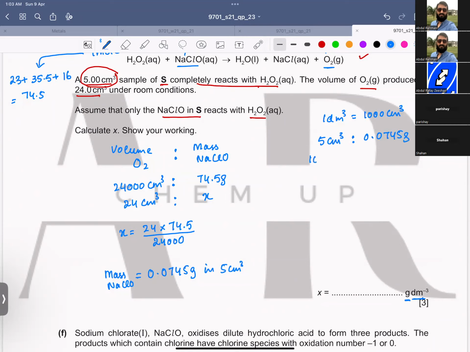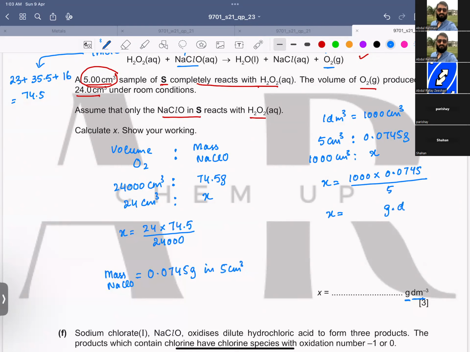And if I have 1000 centimeter cube, then the mass of NaClO would be X. So X would be 1000 into 0.0745 divided by 5, and it would give me the mass in grams per dm cube.